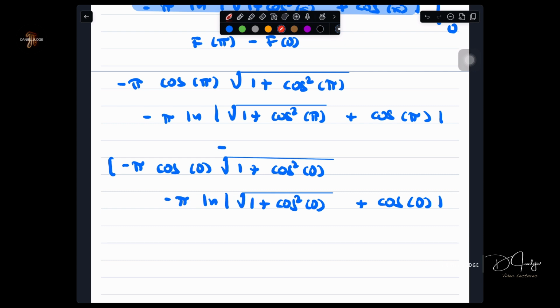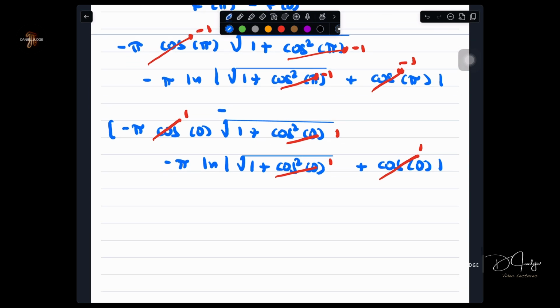Cosine of 0, ladies and gentlemen, let's remember this is 1. Cosine pi is negative 1. We're going to square that in some of these cases here. So let's be careful.